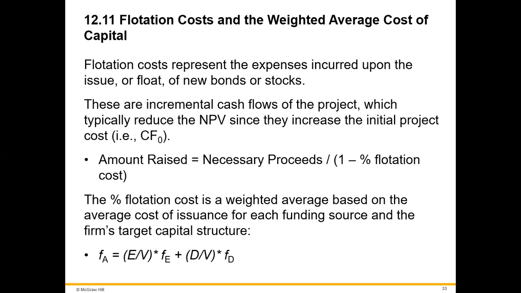So if we ignore any flotation costs, it would look like we would have a positive net present value. But we do have flotation costs. So we have to factor those into our calculation.